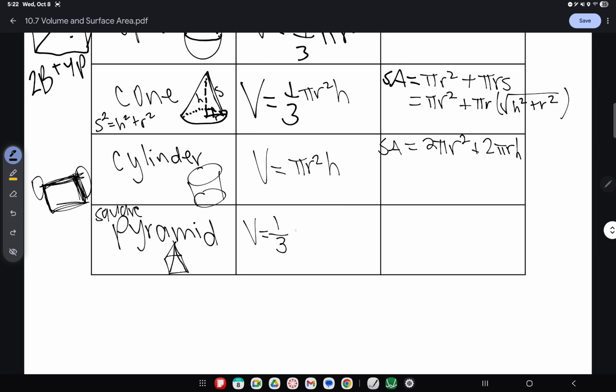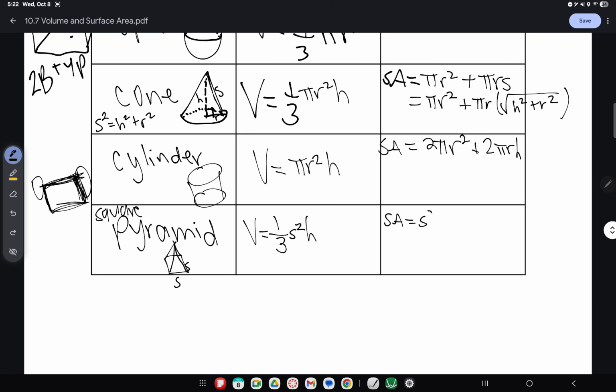So in this case, it's a square. So if I do S for sides, side squared, and then times the height. And then the surface area is the area of all those surfaces.